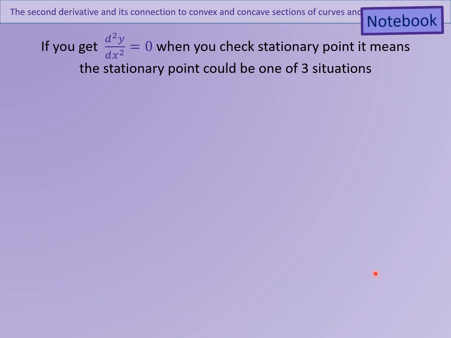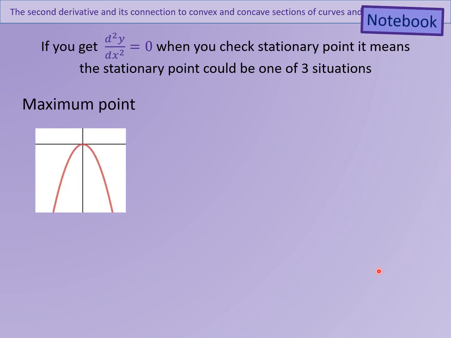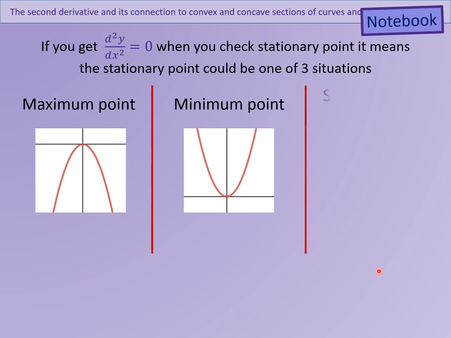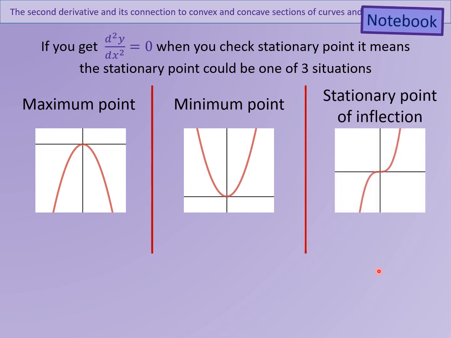Let's have a look and see how we go about figuring out, if we get a second derivative equaling 0, whether that implies a stationary point which is a maximum, a stationary point which is a minimum, or a stationary point of inflection. So these are the three situations. Either it could be a maximum, it could be a minimum, or it could be a stationary point of inflection. Notice that you've still got a gradient of 0 there at that point.